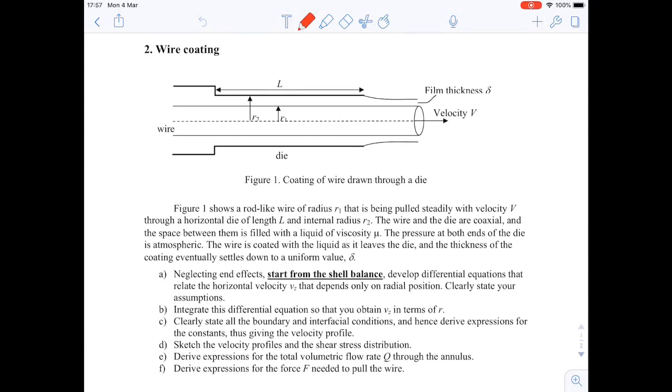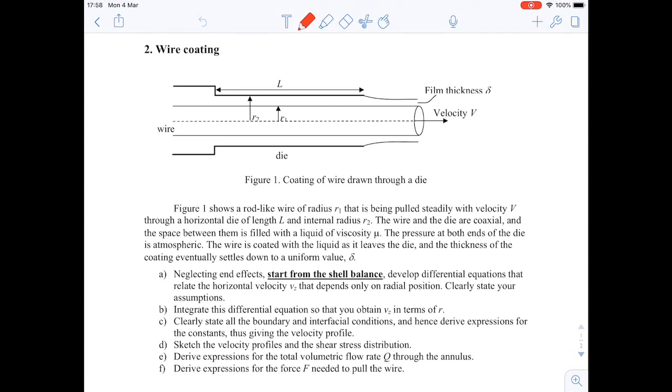This is another example for calculating velocity profile, but this particular example will be in cylindrical coordinates. If you have searched around, this problem is from the textbook written by Professor Wilk.